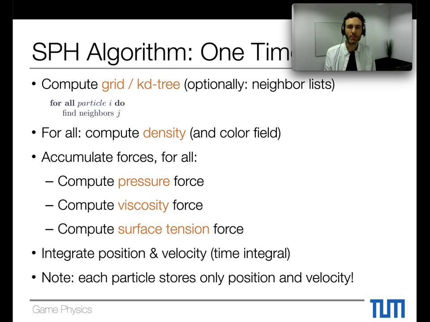All right, so back to the overall algorithm. So let's summarize how SPH would proceed in one step of the simulation. One topic that I've not mentioned so far, which is one of the crucial ones actually in SPH, is that we typically need some data structures to accelerate this.